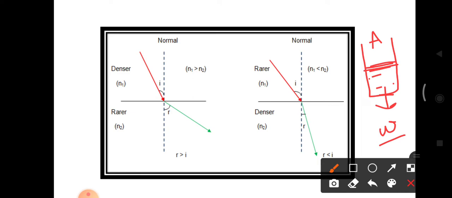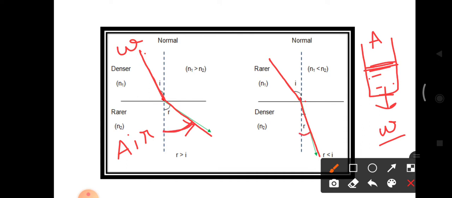When the light travels from a denser medium to a rarer medium, the refracted ray bends away from the normal. That means this is water and this is air. Comparing to air, water is a denser medium and air is a rarer medium. When the light travels from a rarer medium to a denser medium, the refracted ray bends towards the normal.